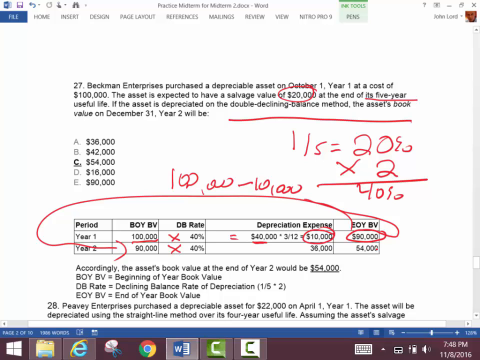And so that gives me the year 2 depreciation expense of 36,000, and so now the book value on that asset has gone down to 54,000, right? 90,000 minus the 36,000 gives me the 54,000, which is what they were asking in this question. What would be the book value at the end of year 2?